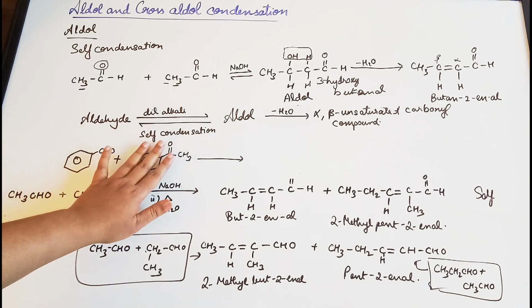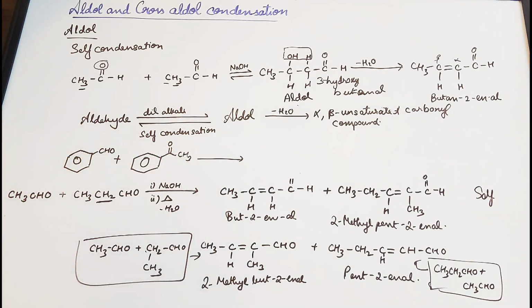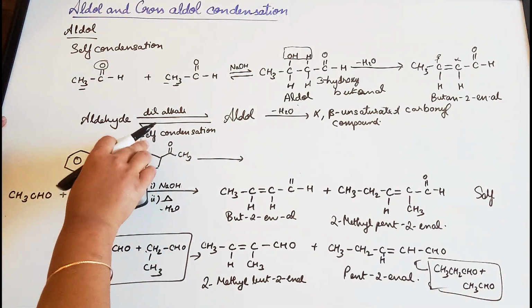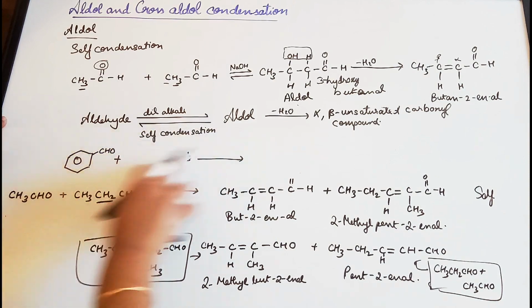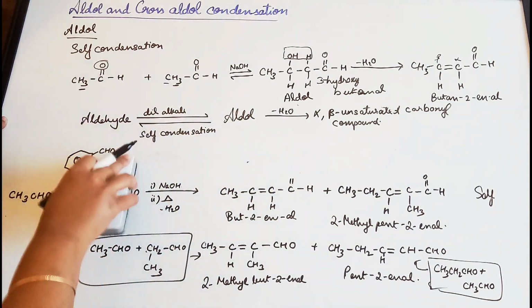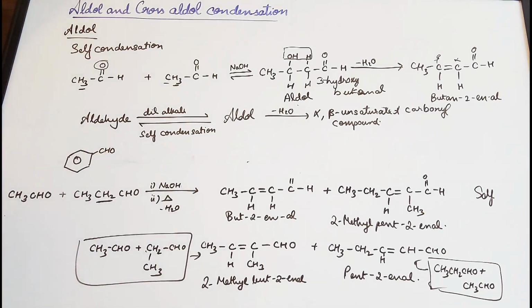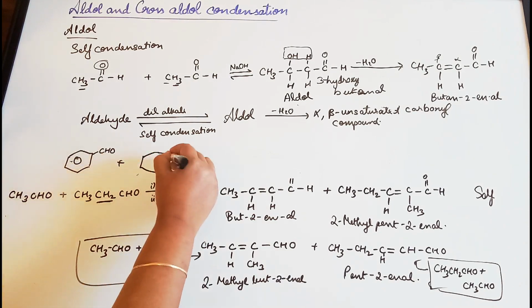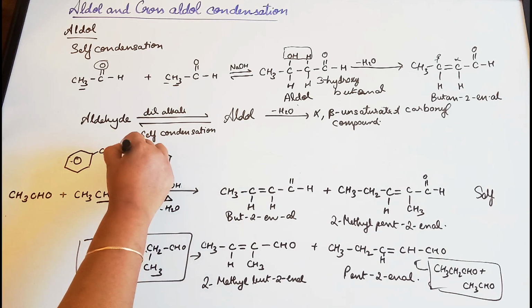Instead it will undergo reaction with this one, and this is the alpha hydrogen. I'll do one thing. I will flip these two. One second. I was right. So CHO, CH3.